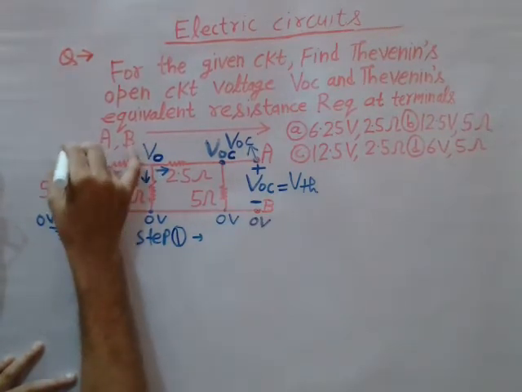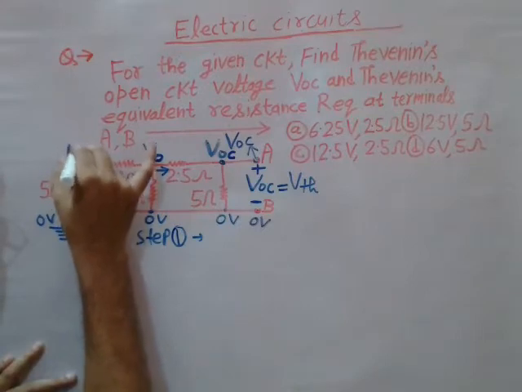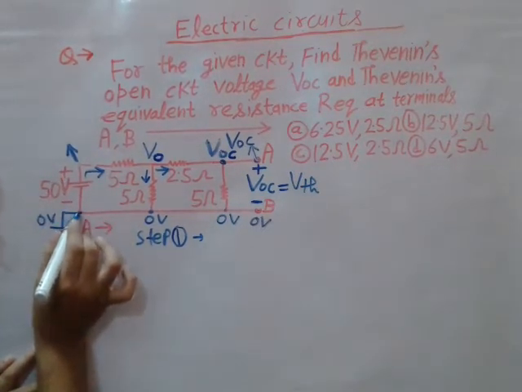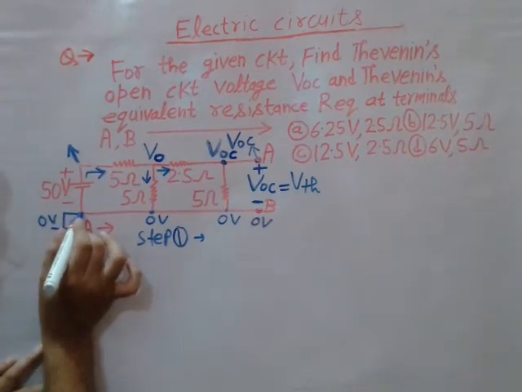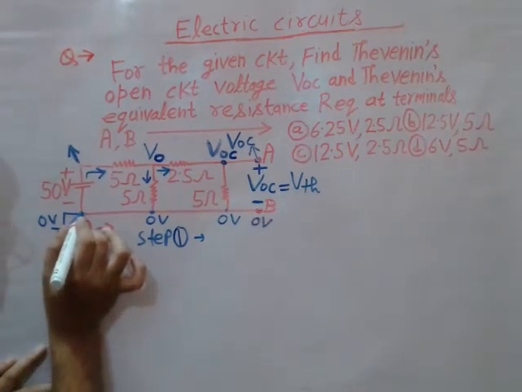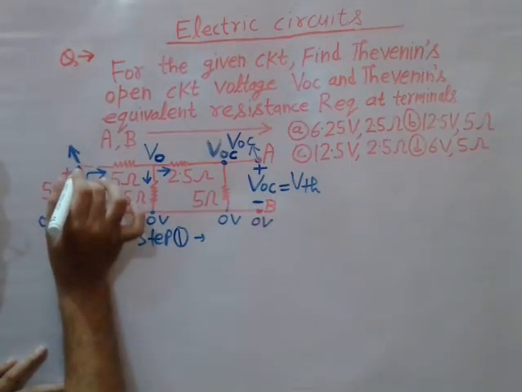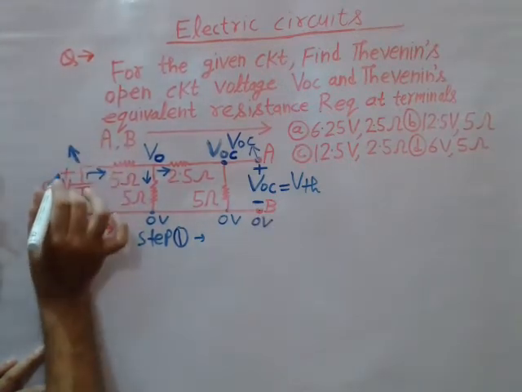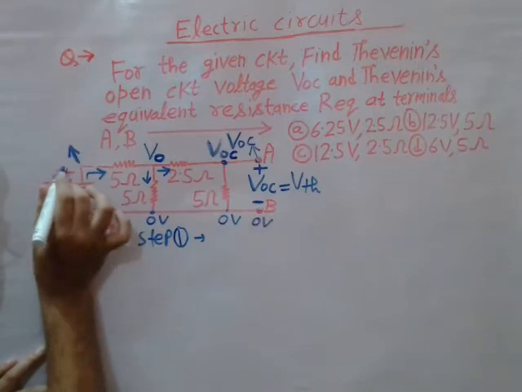Potential of this node is 50 volt higher with respect to this potential, right? This is the ground potential. Then with respect to this ground potential, that means with respect to 0 volt, the potential of this node is how much higher? It is 50 volt higher, because the upper sign that you are seeing is positive.